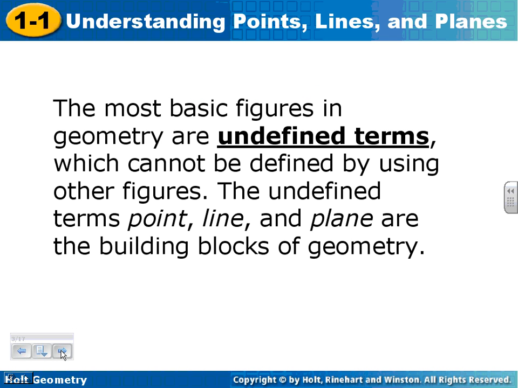The most basic figures in geometry are undefined terms, which cannot be defined by using other figures. The undefined terms, point, line, and plane, are the building blocks of geometry. Point, line, and plane. I'm going to circle those, and you should probably do the same thing.